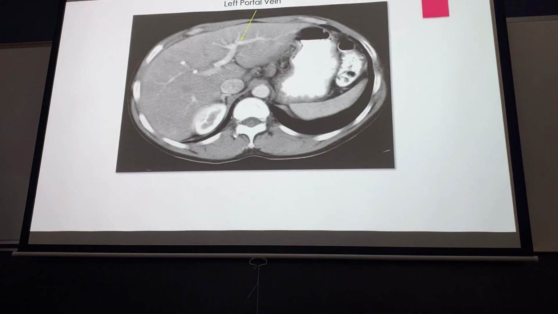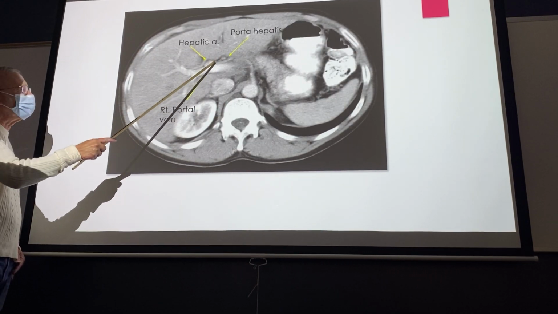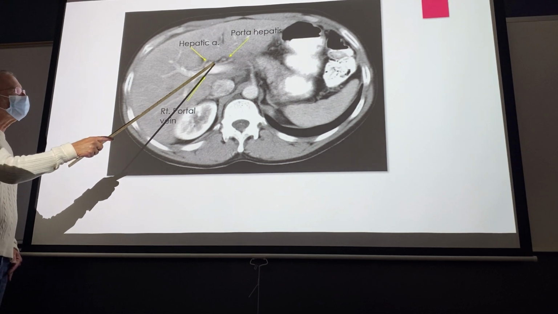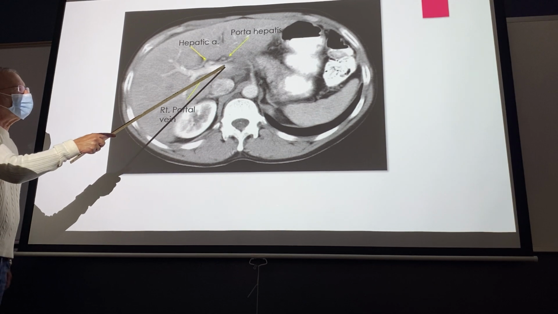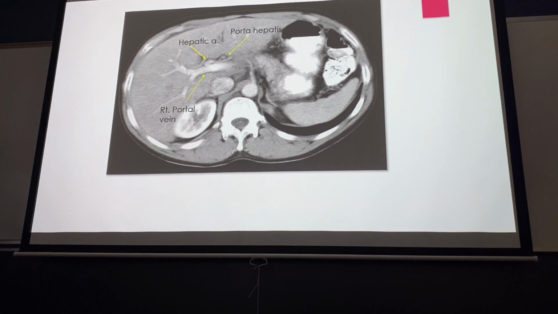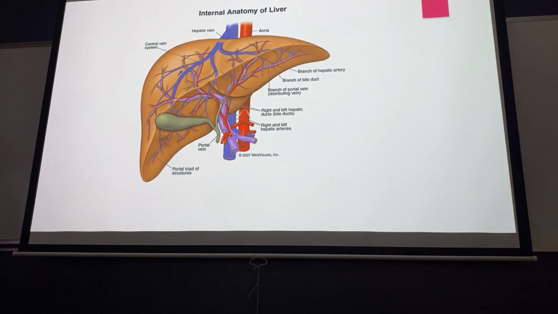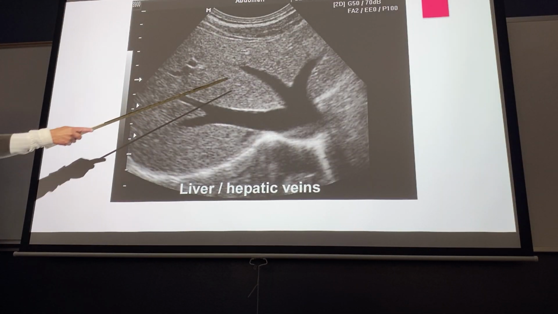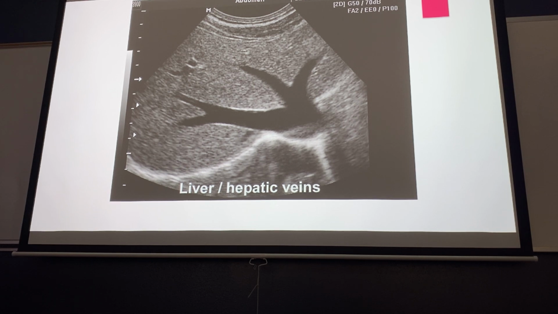Whereas if I go back up here, any structures within that space over here have to be one of the three members of different structures, one of which is the portal vein. So the portal vein is going to be coming through that space called the porta hepatis. As we work our way through the liver, it forms hepatic veins that lead directly to the IVC.